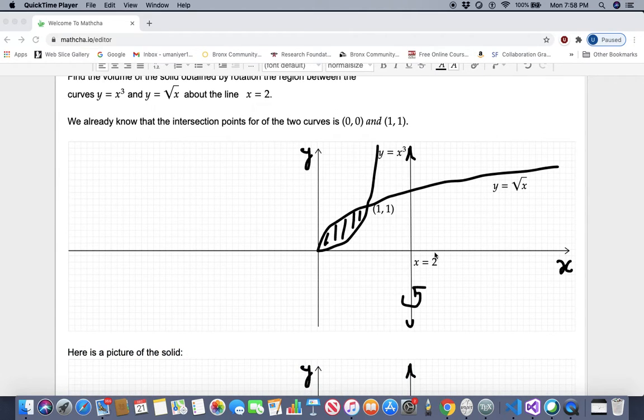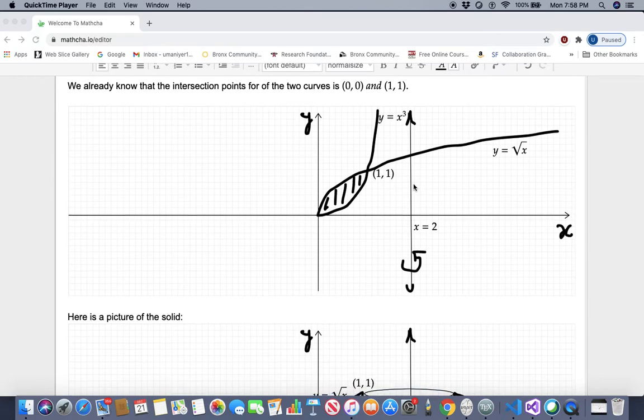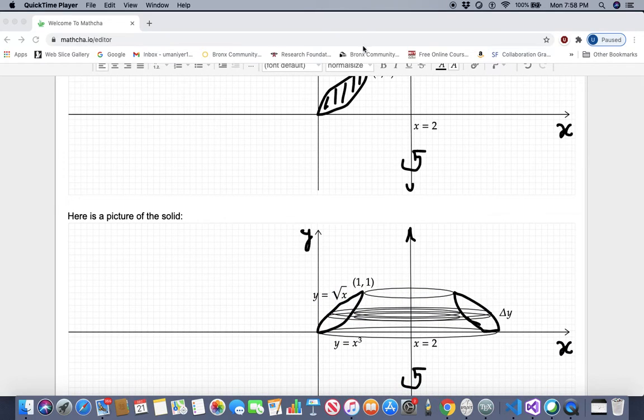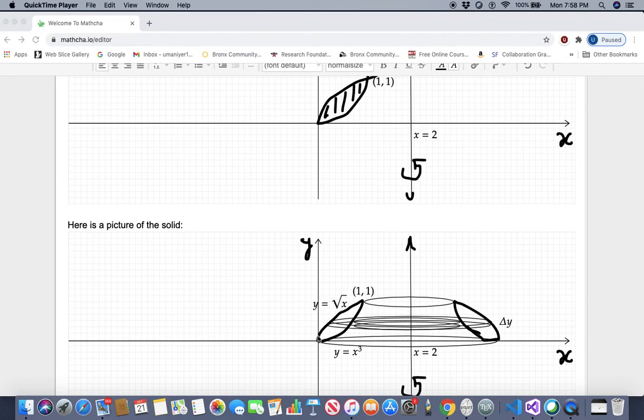When I rotate it about this line, I get a solid which looks like this. I took that curve and rotated it about the line. It's like a strange looking donut, if you like. It's one connected piece, a donut with a big hole inside it. This curve is y equals square root x.